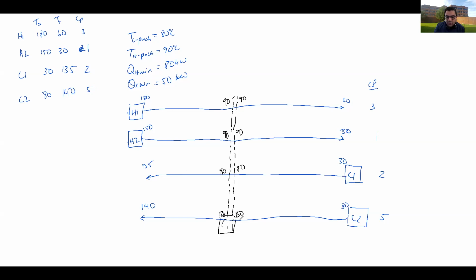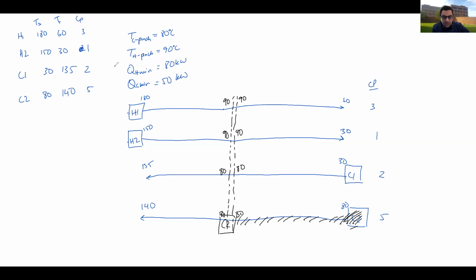C2 starts from here. So I'm just going to scratch it out so that I don't confuse myself. Okay, so now I have my problem. It's divided into 2 parts, above the pinch and below the pinch. Okay, so let's try to remember what we do above and below the pinch.